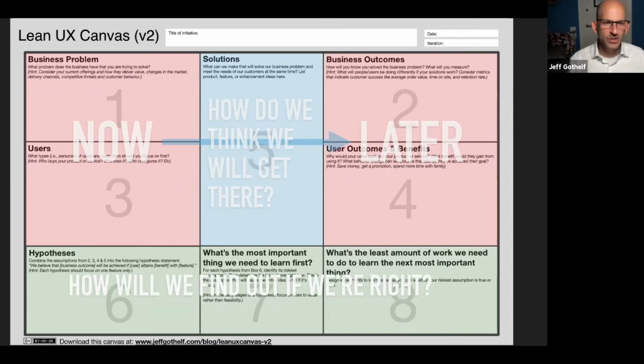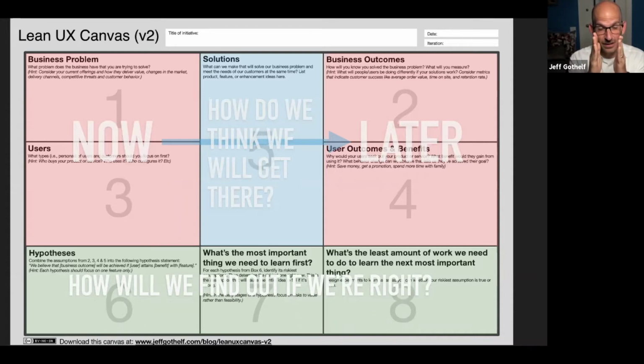What we're doing here with these exercises is working through a series of assumptions in boxes 1, 2, 3, and 4 that constrain the space for the brainstorm of solutions, right? So we talk about the problem that we're solving. We're talking about the behavior change we'd like to see if we solve it. We're talking about the specific customer segment that we're going after and the benefits that we want to see for them.